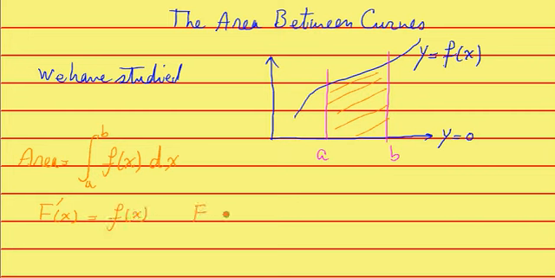So capital F is an antiderivative of f. Then that area simply turns out to be capital F calculated at b minus the same thing calculated at a. That is the value of this definite integral.